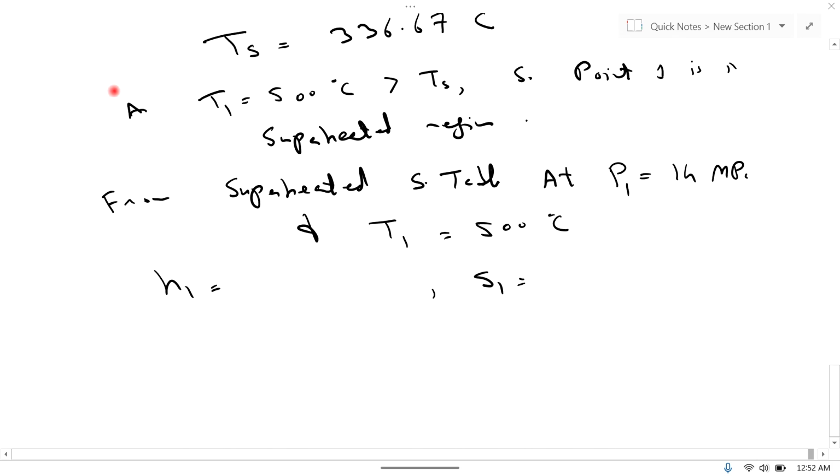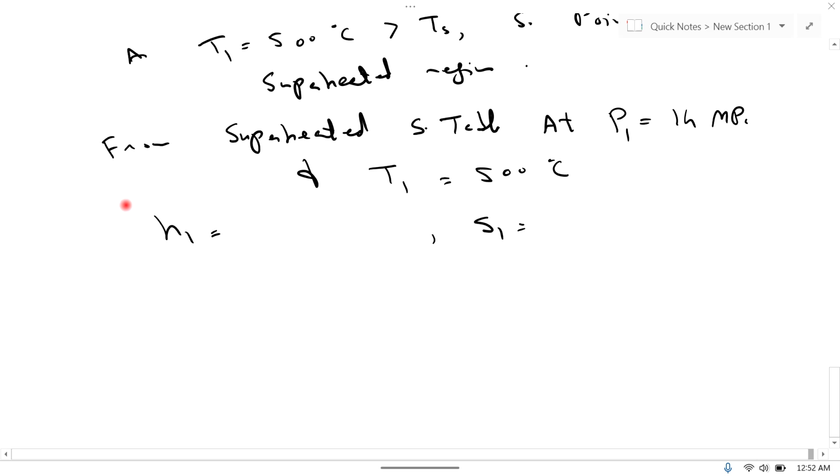So from the superheated steam table, H1 is equal to 3324.1 kilojoule per kilogram, and S1 is 6.3931 kilojoule per kilogram per Kelvin.